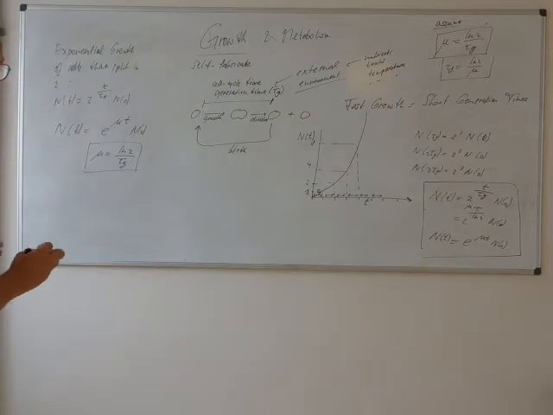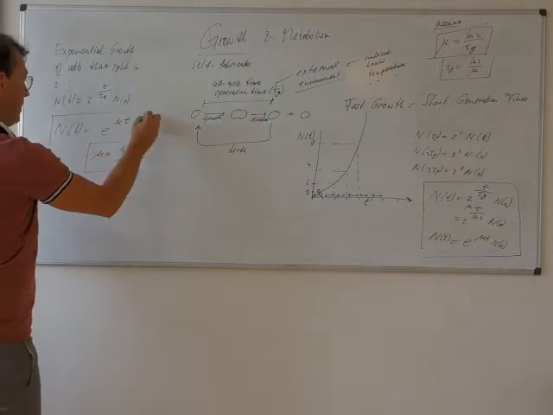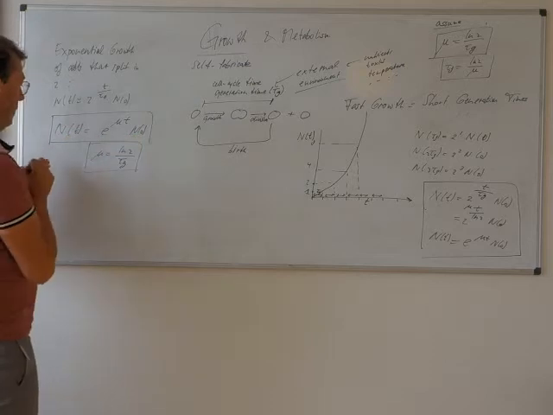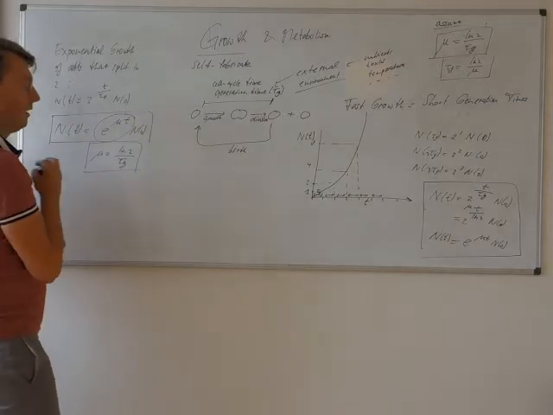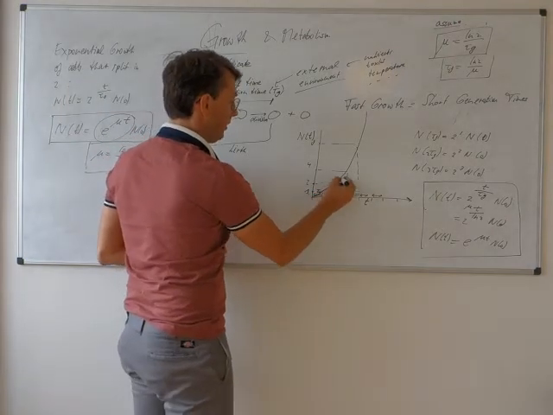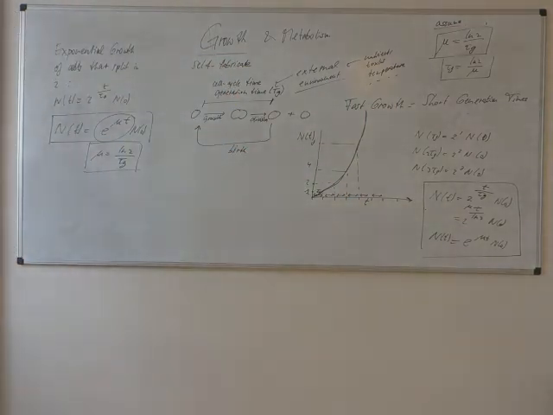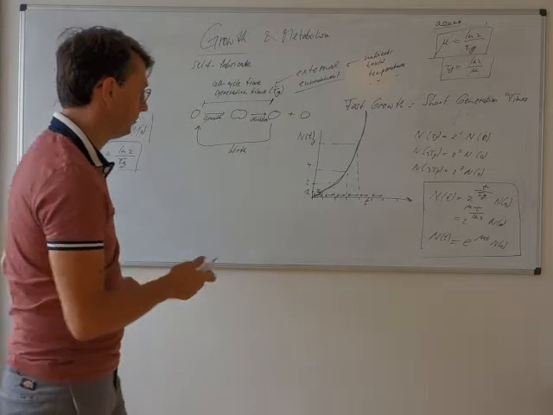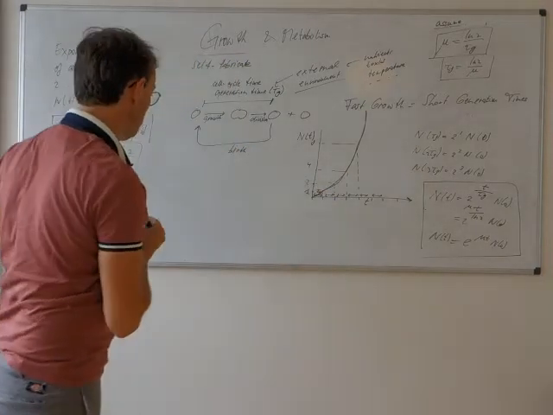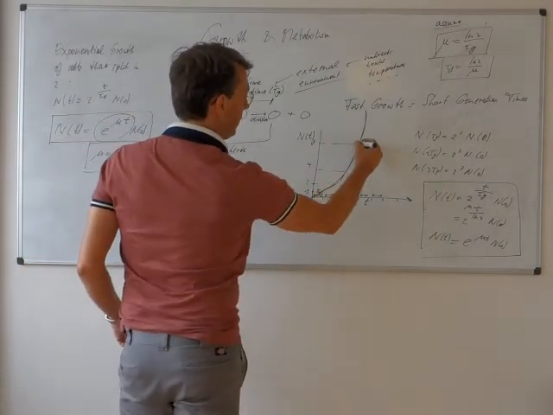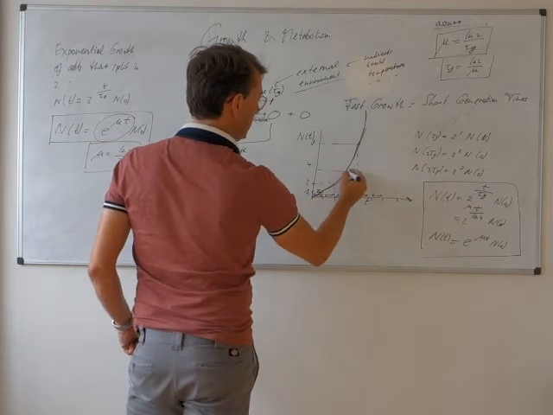But let's think about this, okay? So this thing is basically the line that you see here. Okay. And so now what we want to do, we want to figure out what the value of this slope is of this line.